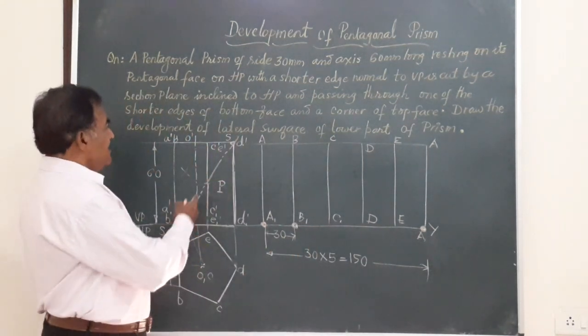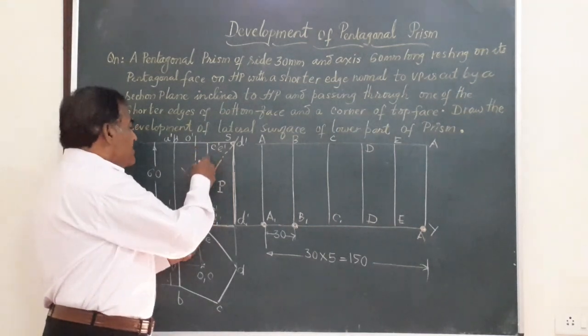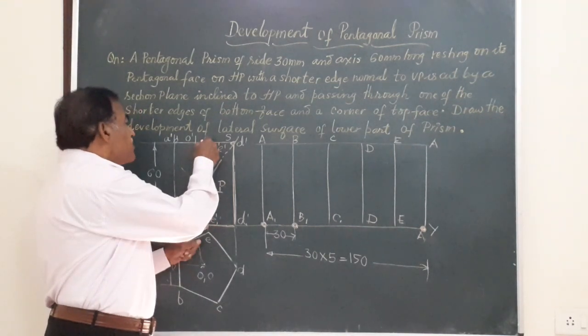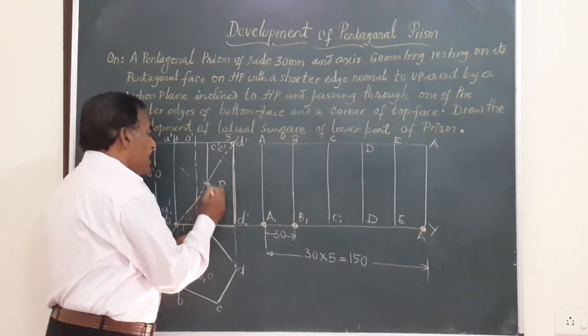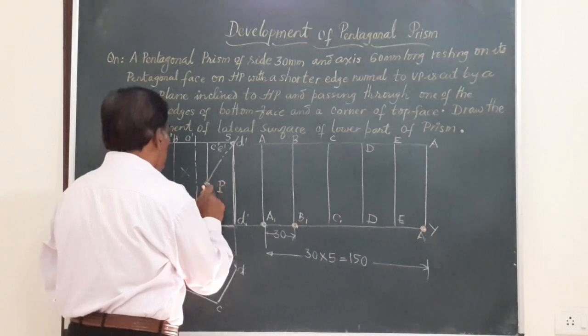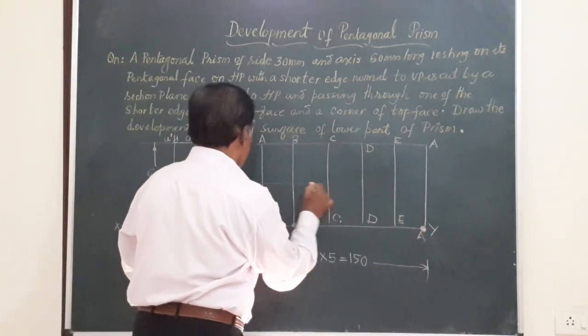Next, the same section plane SS is cutting the vertical edge C dash C1 dash and also E dash E1 dash at this point. So I will just draw a horizontal line through that and see where it is cutting CC and EE.